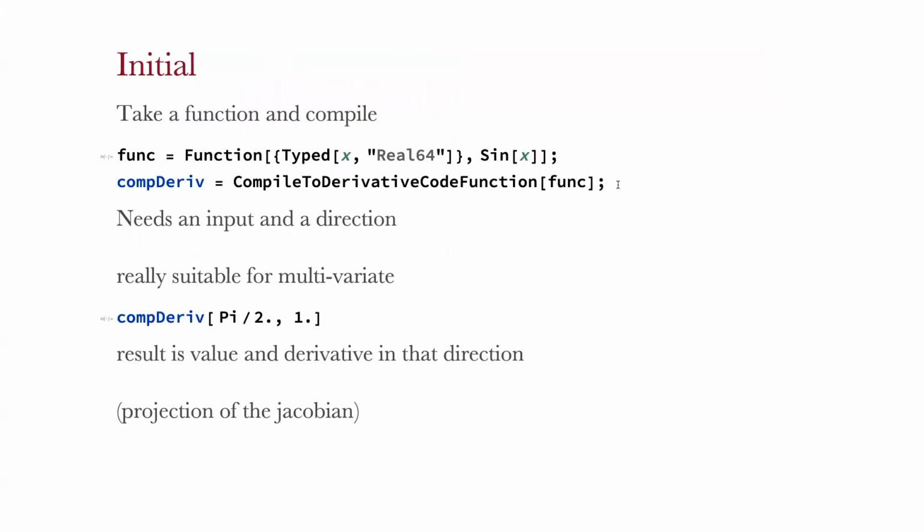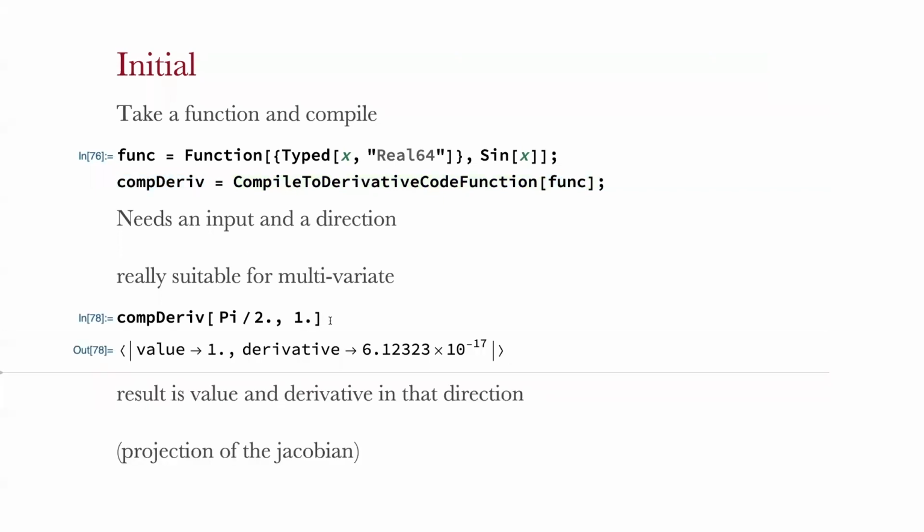Here, we take a function and compile it into this sort of intermediate form, and then it does transformations on it, and it generates a new function that will return the value of the function and the derivative.